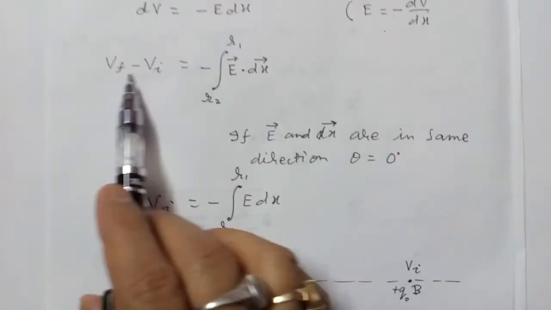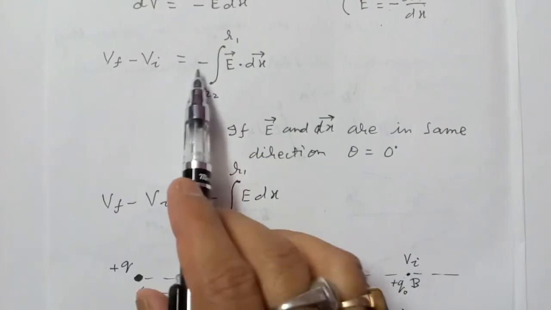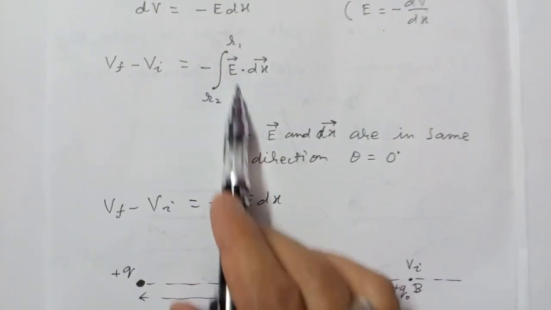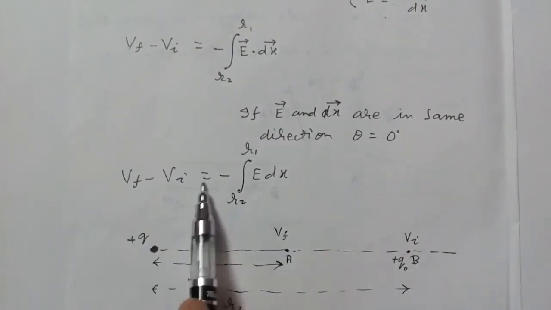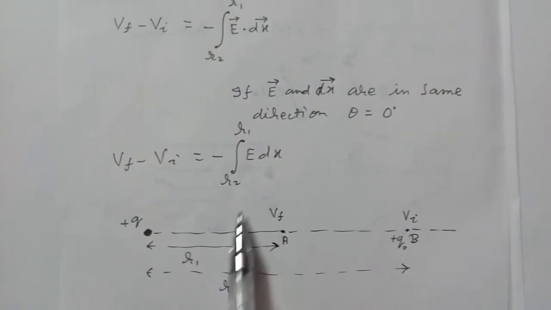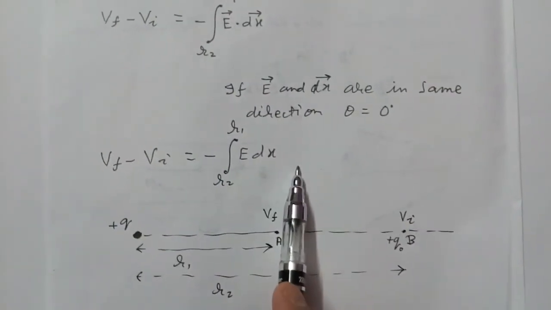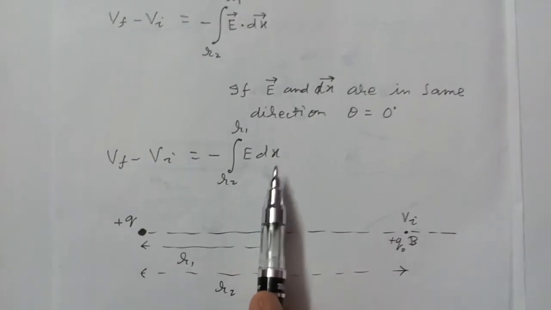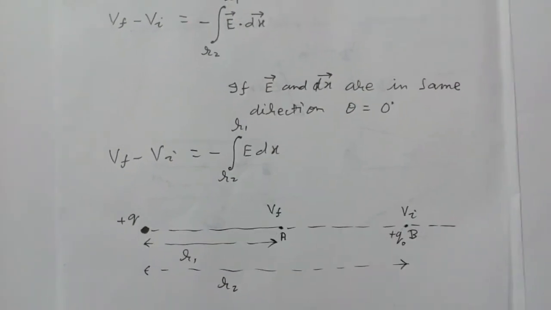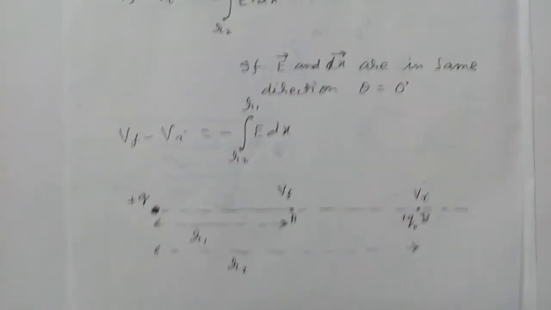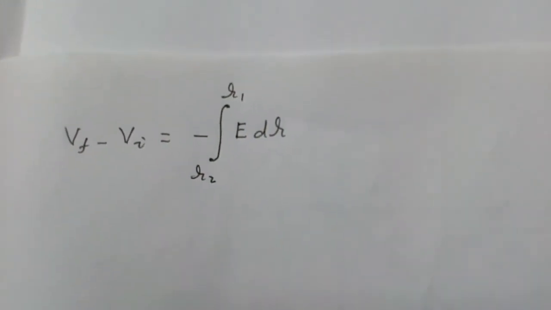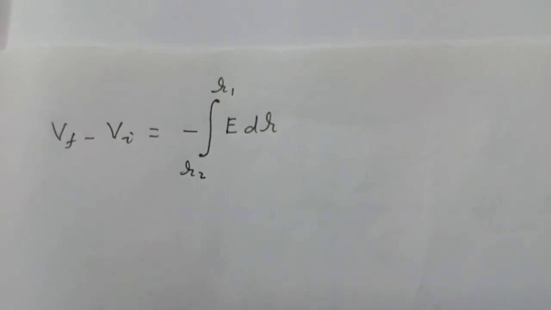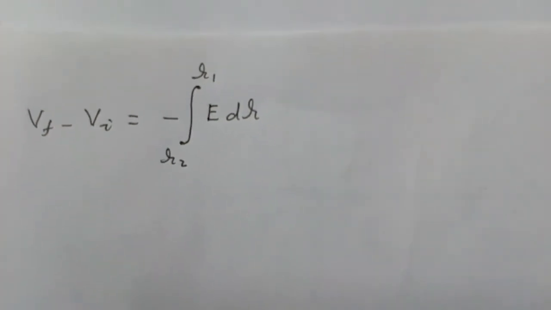So this will be equal to minus integration r2 to r1 E dot dx. If the angle between E and dx is theta, then we will write it E dx cos theta. So it is in terms of the x-axis. You may also take dr in place of dx, and then the result will be V final minus V initial is equal to minus integration with limits r2 to r1 E dr.